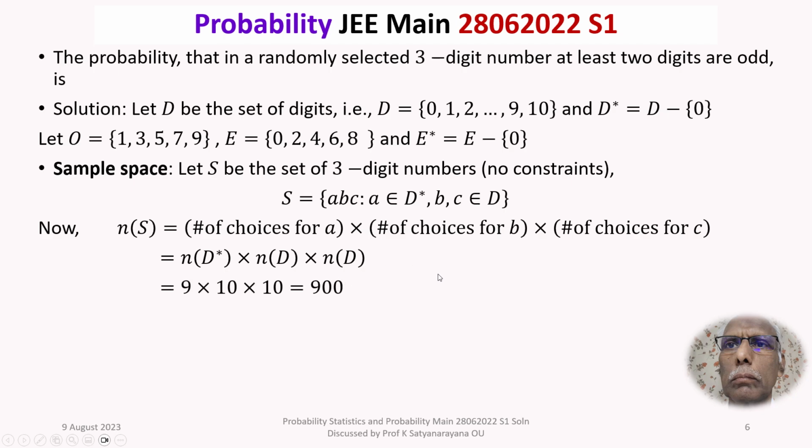It will be 9 into 10 into 10, that is 900. Agreed. Therefore, n(S) is 900.